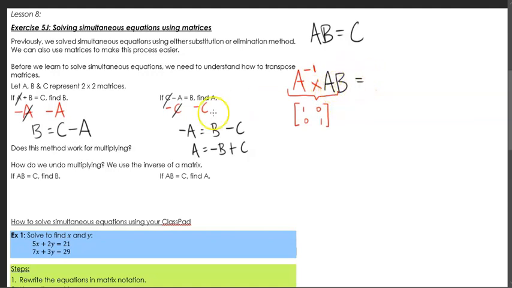We'll eventually find out when we use real life context. But again, this rule applies. Whatever I do to the left, I also have to do to the right. So this C that's by itself also has an A inverse multiplied to it. Just like this. This in matrix world technically cancels out.